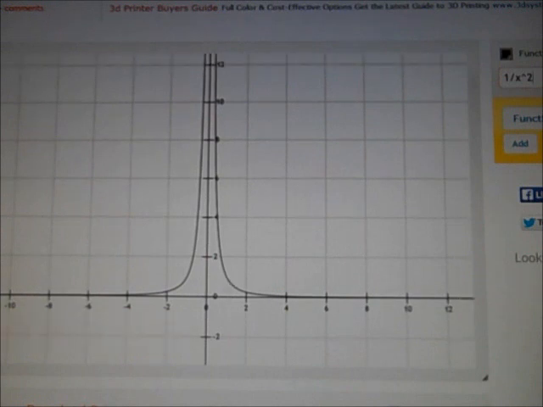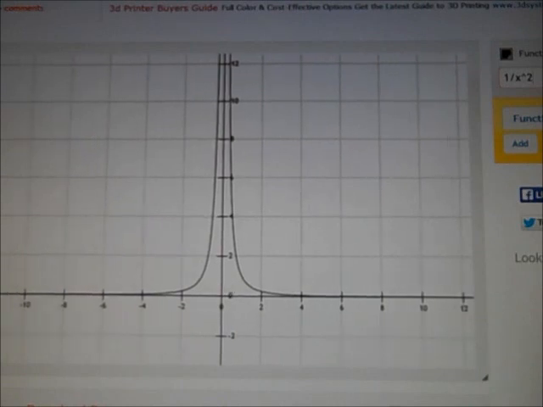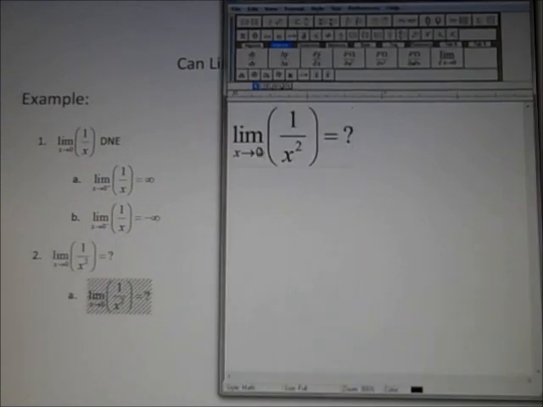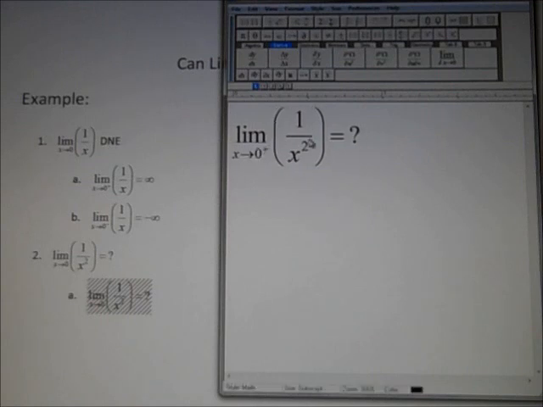If the limit exists, that means that the right and left hand side limits are the same. So let's look at the right hand side first. For the right hand side, the superscript here is going to be a plus, and I want to know what this is. I'm saying the right handed side limit of 1 over x squared as x approaches 0.